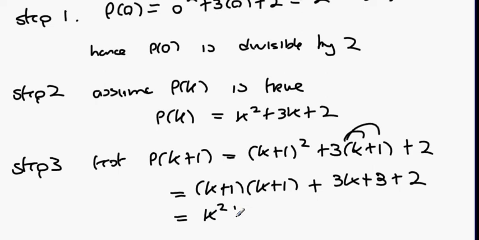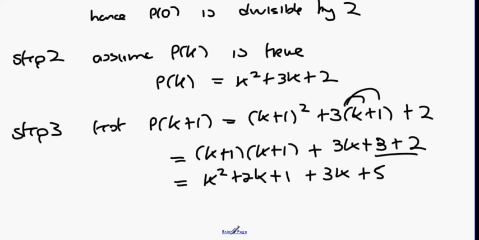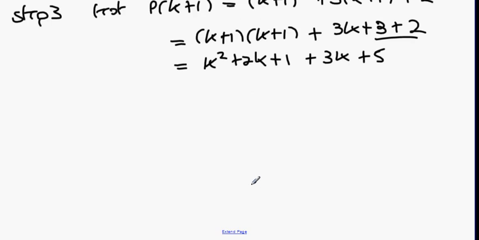We're going to get k squared plus 2k plus 1 when we multiply these out, and then plus 3k, and I'll just turn that into a 5. And then finally, we're going to get k squared plus 5k plus 6.